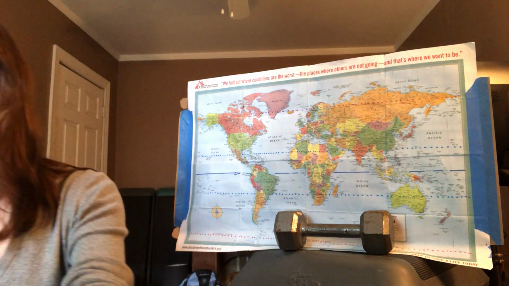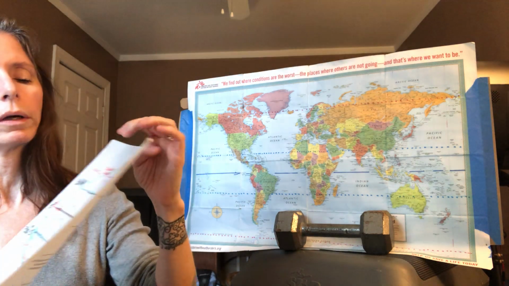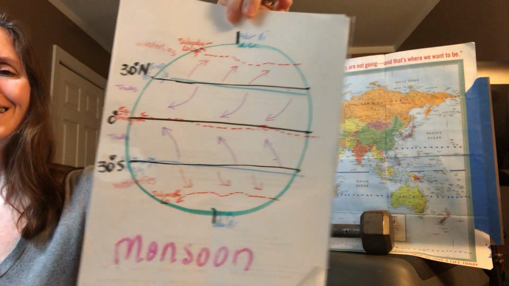So the very first one we're going to talk about is the rainforest. As the name implies, these are very forested areas with a lot of trees. You're going to find these right around the equator. This area is usually under the influence of the equatorial trough, or the doldrums, or the ITCZ.